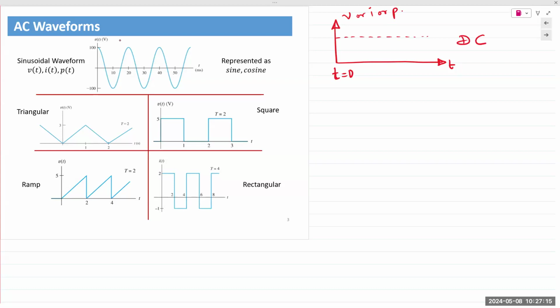When I say waveform, it simply means voltage or current or power. It's just describing it graphically, that's all. So when I say waveform or signal or function, they're all synonyms of each other, okay? So a DC waveform is essentially a flat line, right? The value does not change with respect to time. Any other waveform is AC.